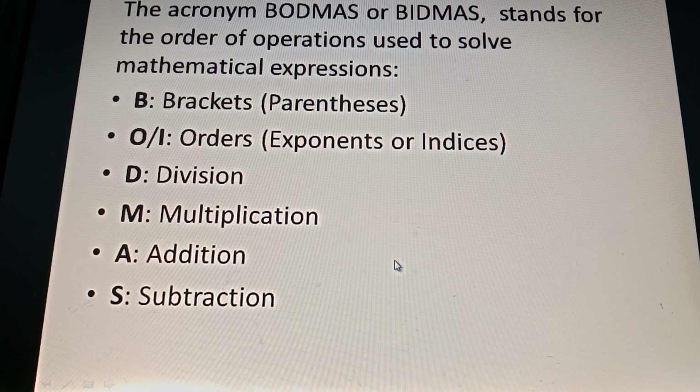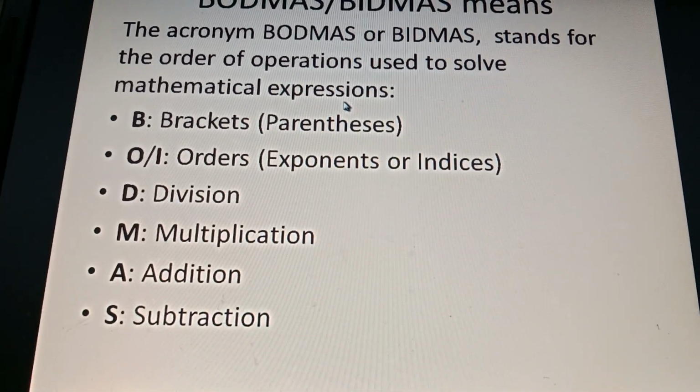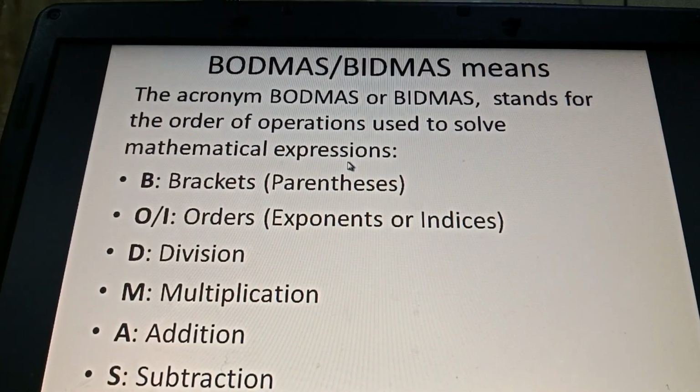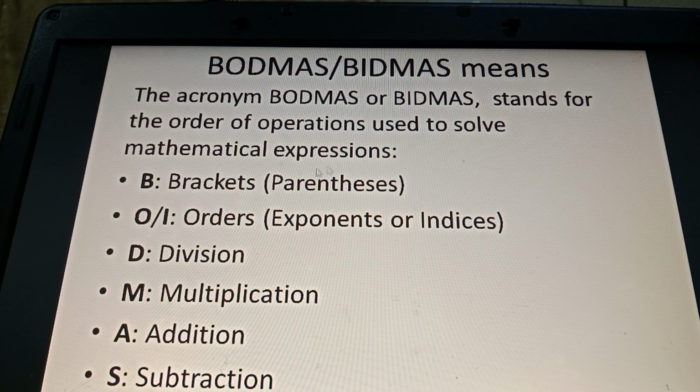BODMAS is the acronym that stands for the order of operations used to solve mathematical expressions. B stands for brackets or parentheses. O or I stands for orders, that is, exponents or indices. D, division. M, multiplication.